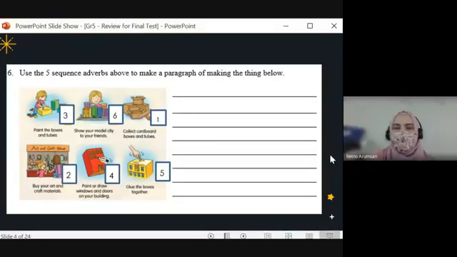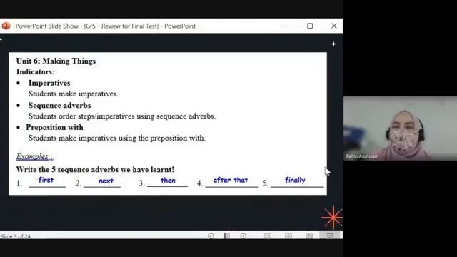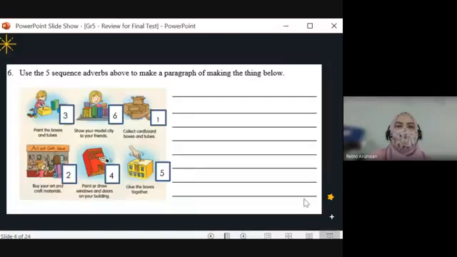That's so easy. If you haven't answered or if you made mistakes, just copy what's on the screen. Can I go to the next slide? Now, use the 5 sequence adverbs above to make a paragraph about making the thing below.